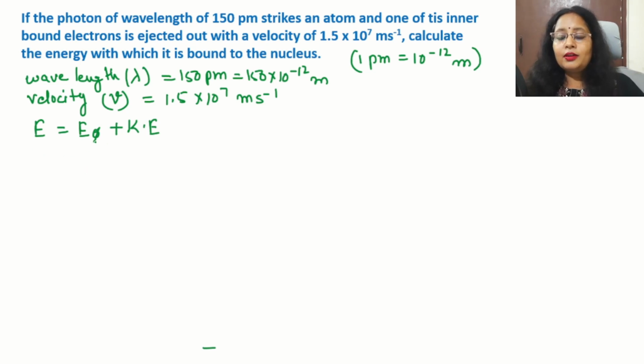Now work function is the energy which is required to break the bond. Here they ask us to calculate the energy by which it is bound to the nucleus. So we can say that bonding energy is equal to work function E naught.